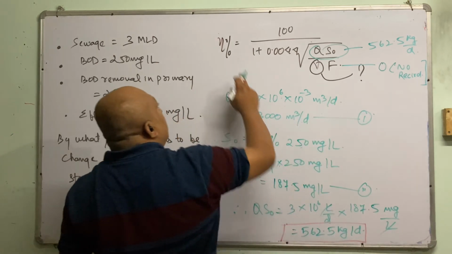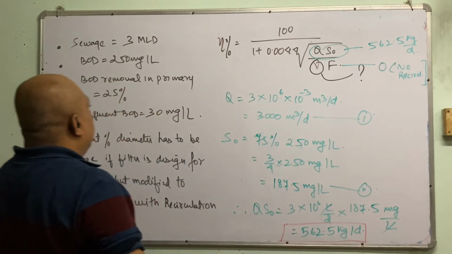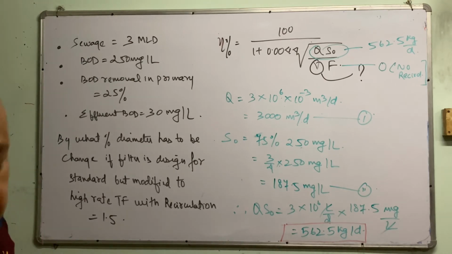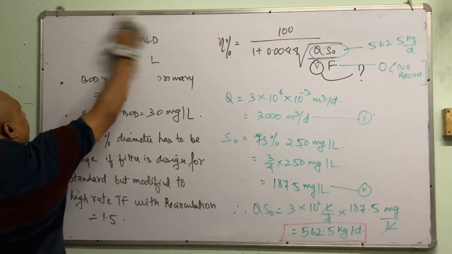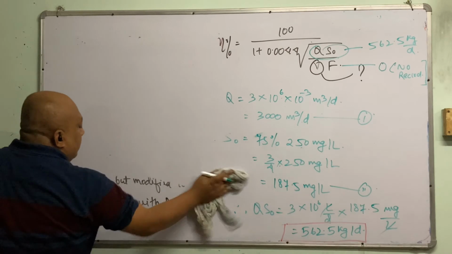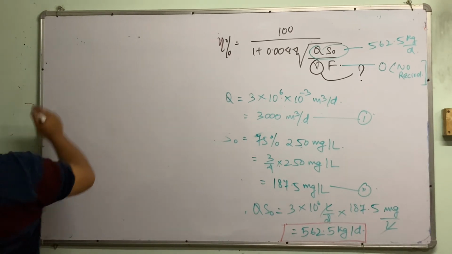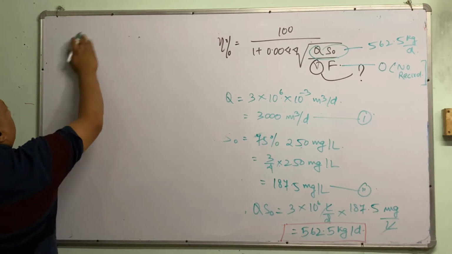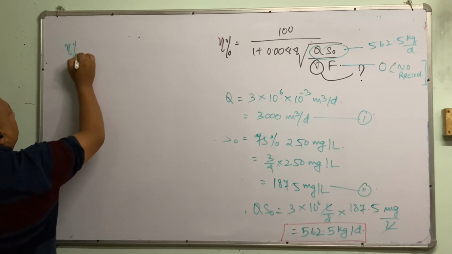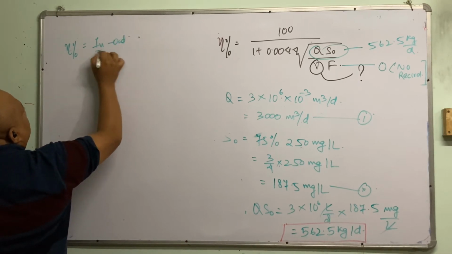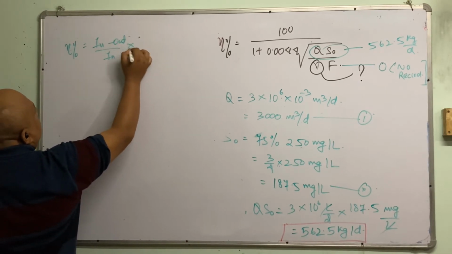Okay, so what is the efficiency? Efficiency is always in minus out divided by in into 100%.